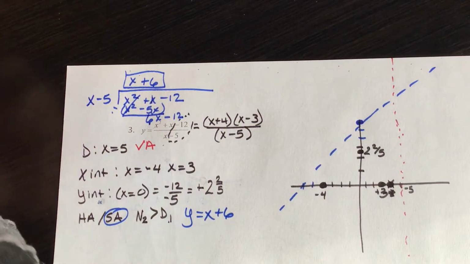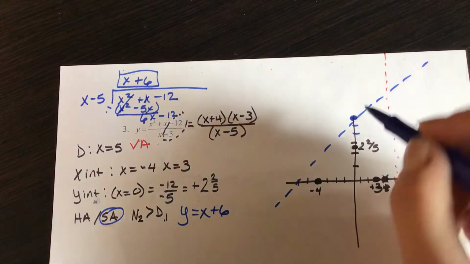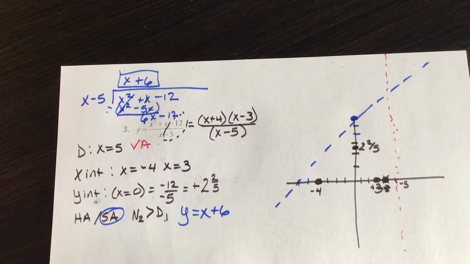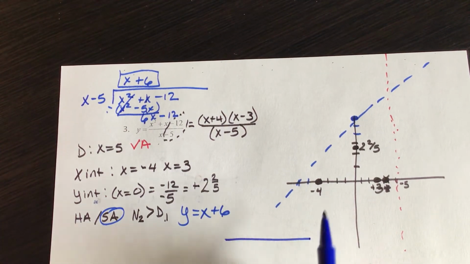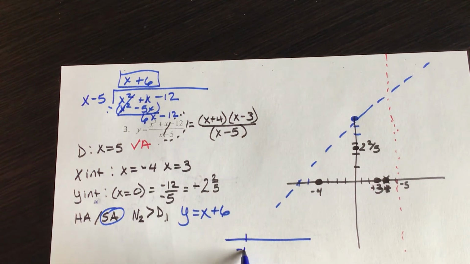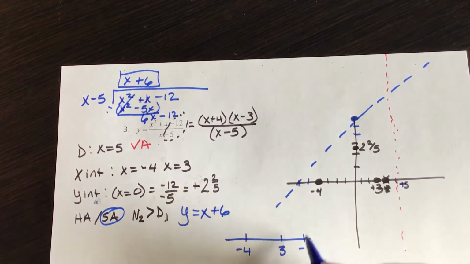All right, so now I am going to see where my graph is positive or negative. So here's my number line. The values of x, I have a -4, I have a 3, I have a -5, or x equals 5, this is positive.